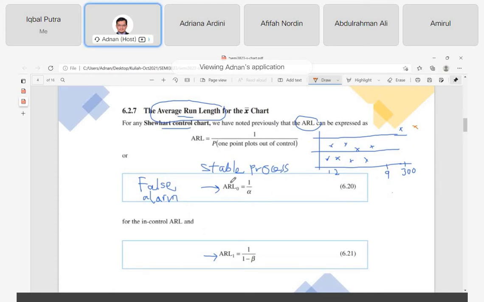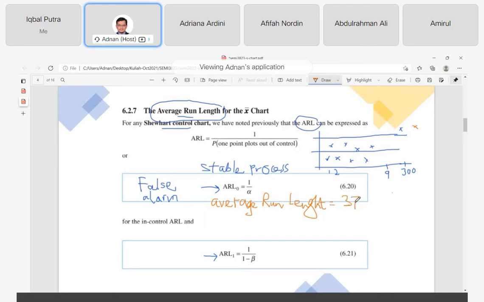But on average, ARL is the average run length. So if we have enough repetition, we're going to have 370.